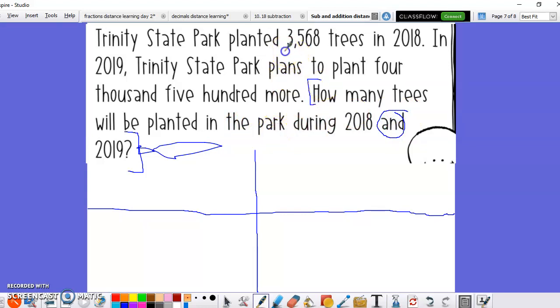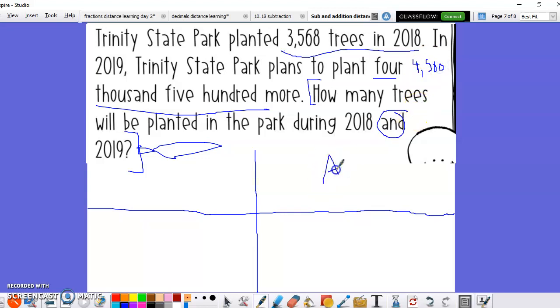So here, 2018, they planted 3,568. And in 2019, they plan on planting 4,500 more. So this is written in word form. So I'm going to go ahead and just put this into standard form here. 4,500. So now I can see my number. Well, I know that this is an addition problem.